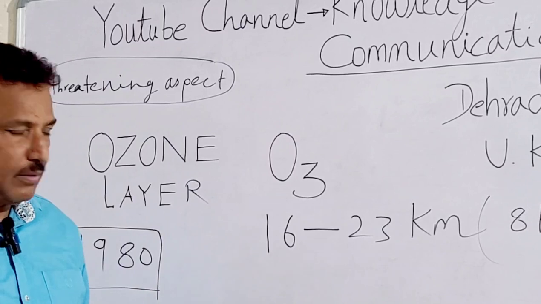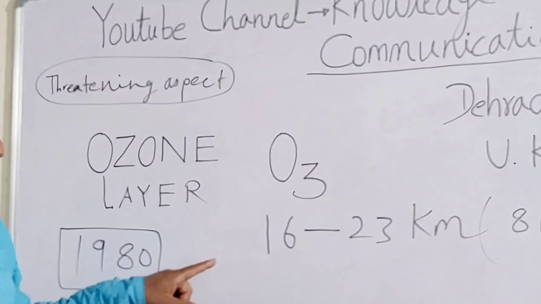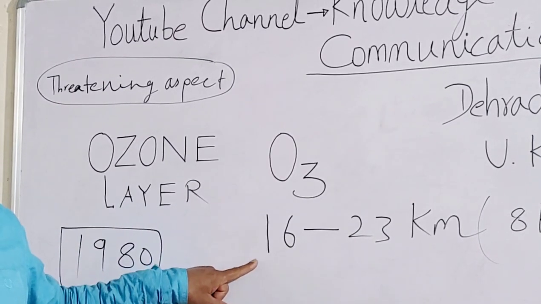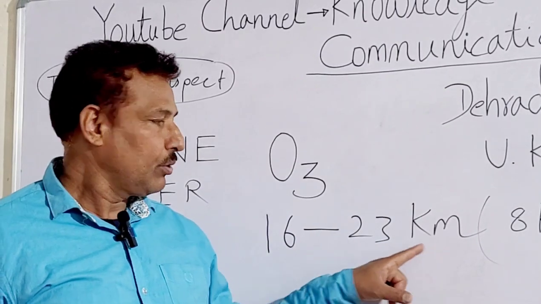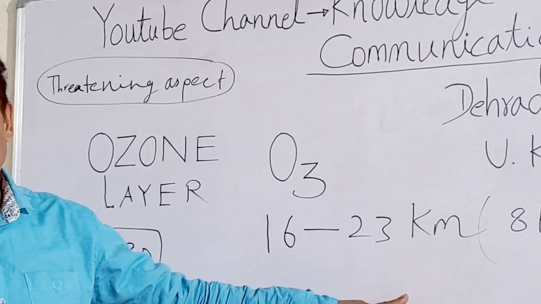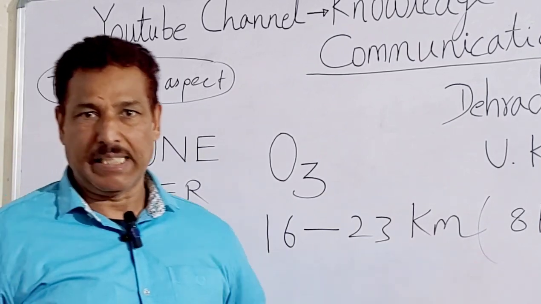Now the ozone layer starts above us from 16 kilometers and exists up to 23 kilometers. That simply means that it is 8 kilometers wide.